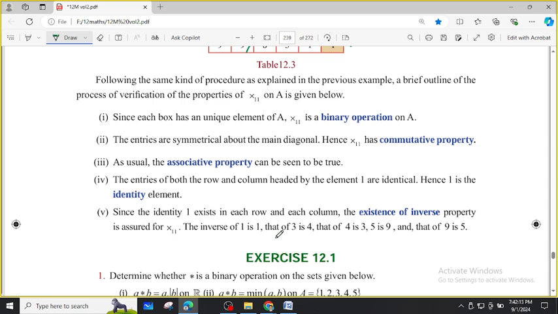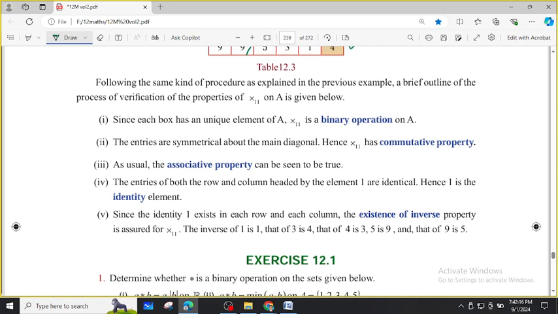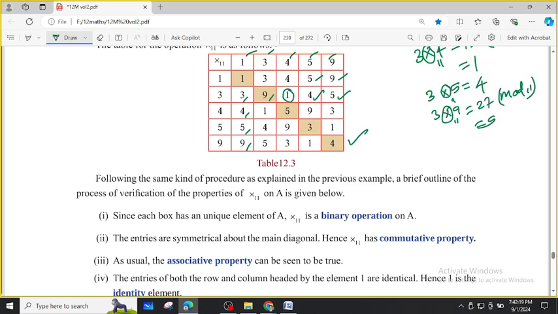What is the inverse? Take 3 and multiply with 4, so 3 and 4 are inverses of each other. Like that for 5, which is the inverse? 5 into 9 is 45. 45 minus 44 leaves remainder 1.